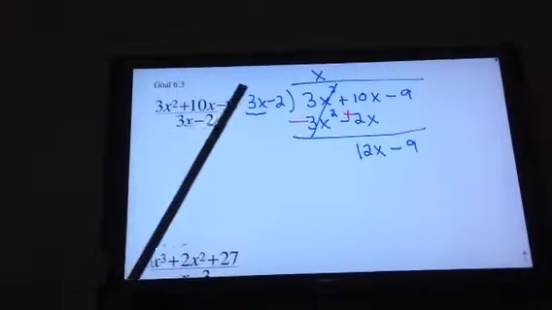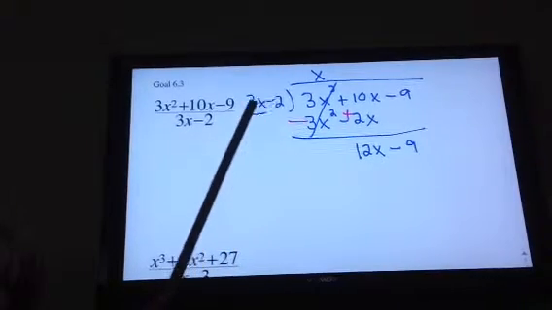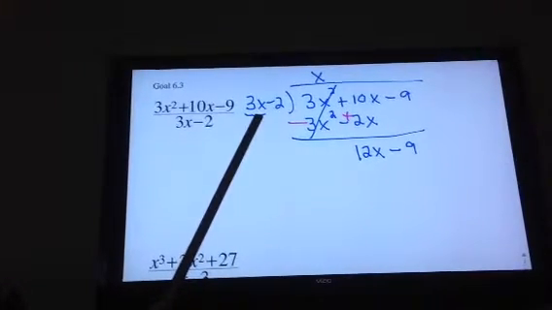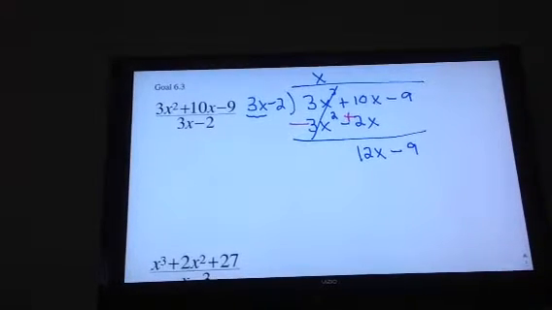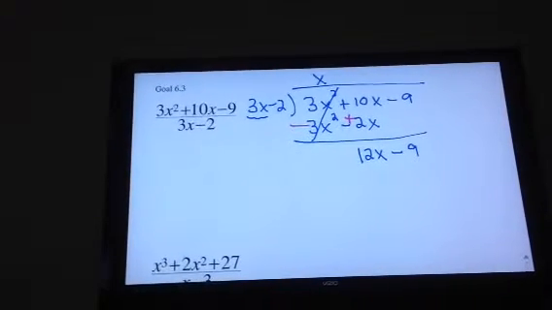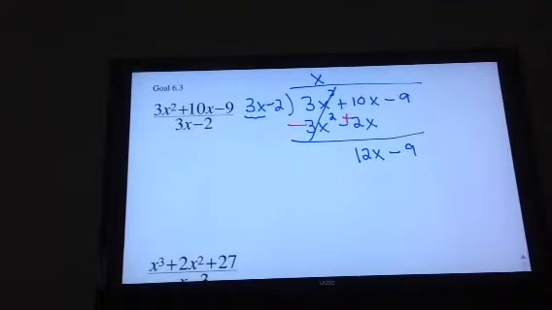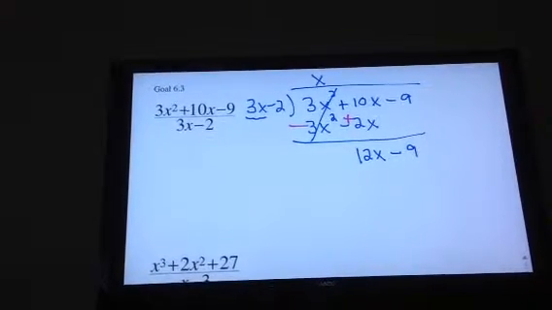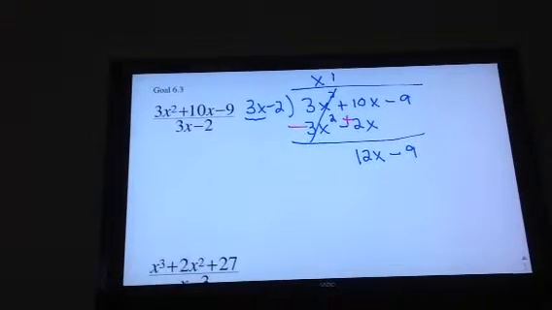So 3x divided into 12x: what would I multiply 3x by to get 12x? 4. Positive or negative? Positive, because that sign's important. So you're going to multiply it by a plus 4.